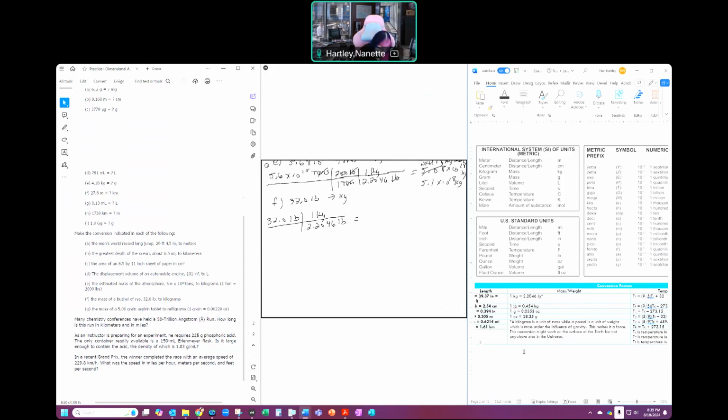Whatever you use, what you're given. There are mistakes there. That's my fault, and I will take the brunt for that. So this leaves you with 1.4515, rounding to 3 sig figs, times 10 to the first kilograms, or 14.5.